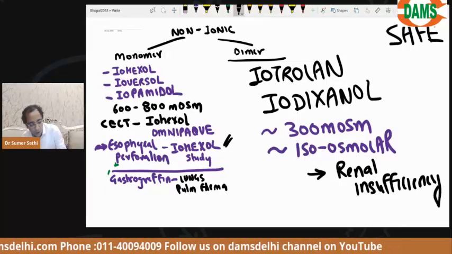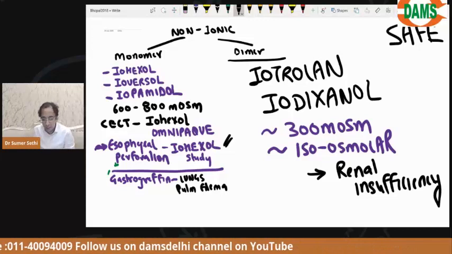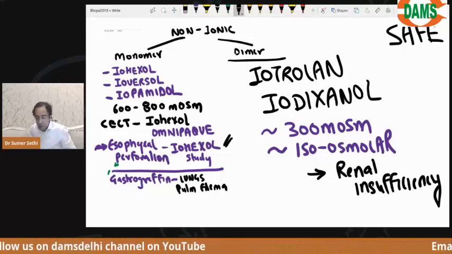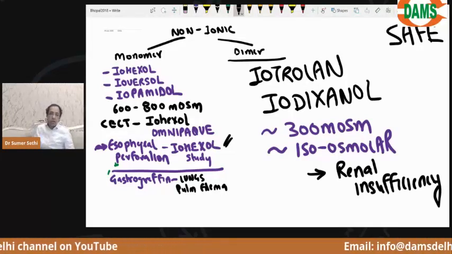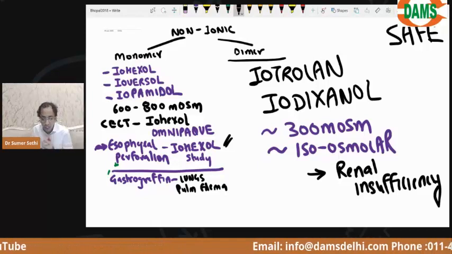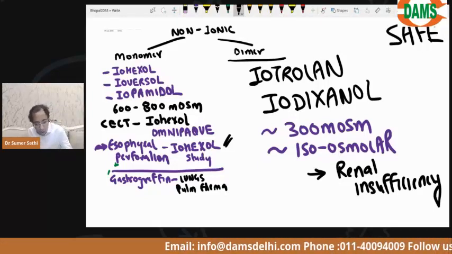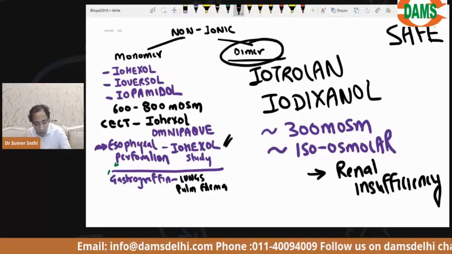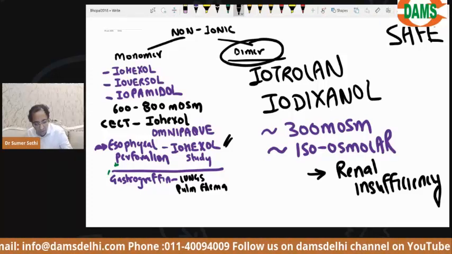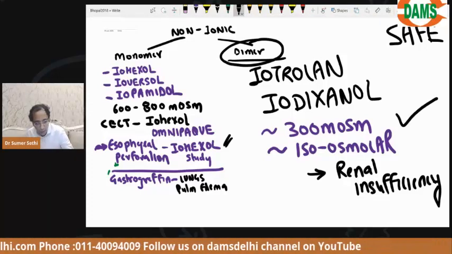I will tell you after this that these iodinated contrasts have a potential risk of causing renal injury, but non-ionic dimers, although they are expensive, are very safe because they are isoosmolar to plasma.